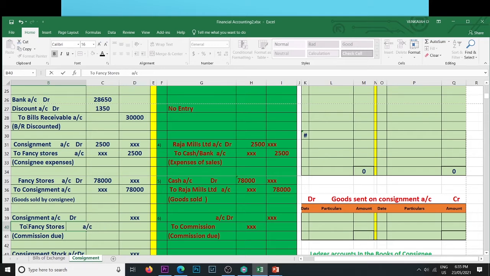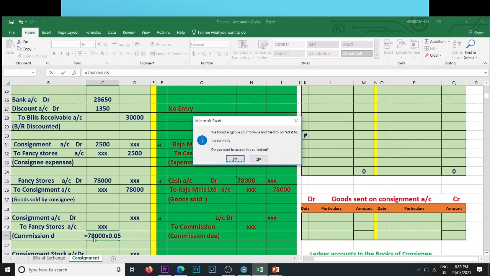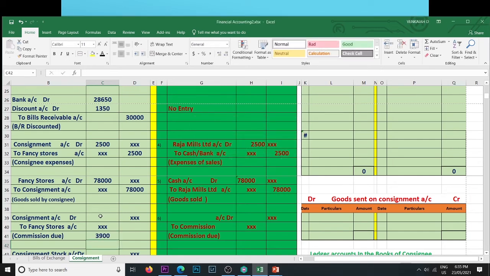So we have to calculate commission. That is 78,000 into 0.05. Amount is 3,900.